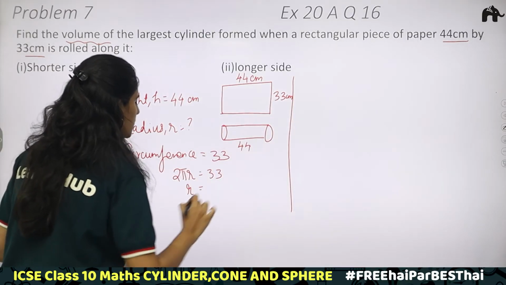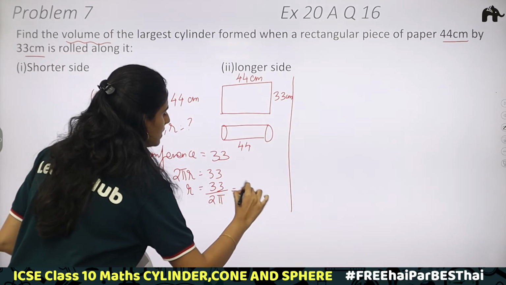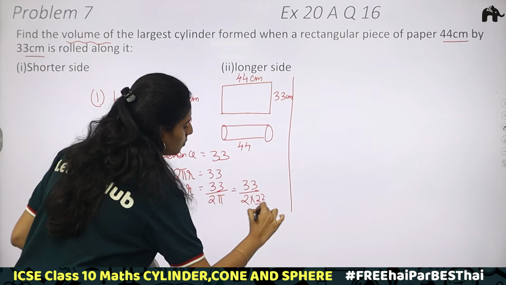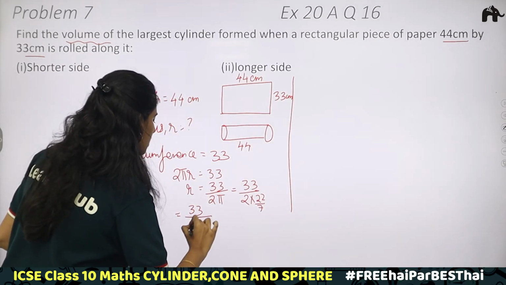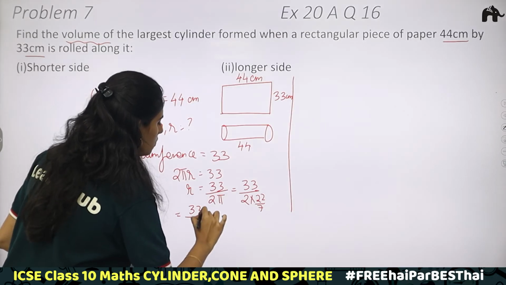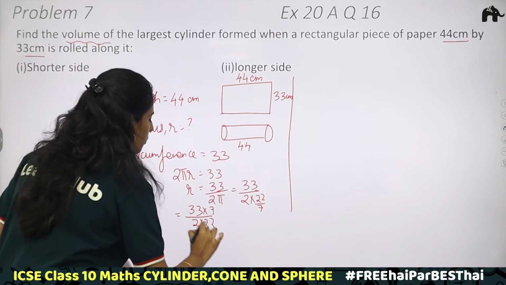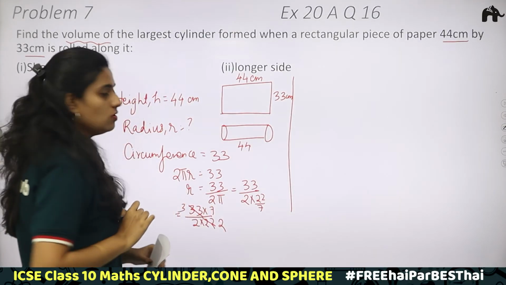is equal to 33 divided by 2 pi, that is 33 divided by 2 into 22 by 7, which is equal to 33 divided by 2 into 22 into 7. We are taking the reciprocal and multiplying. 22 is 2 into 11. 33 is 3 into 11.